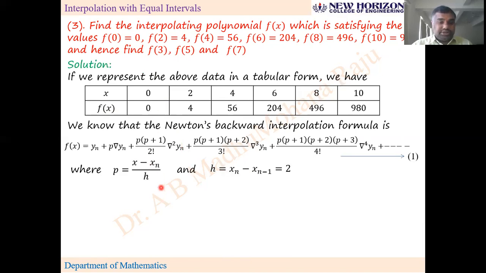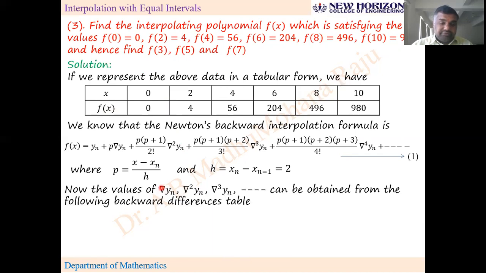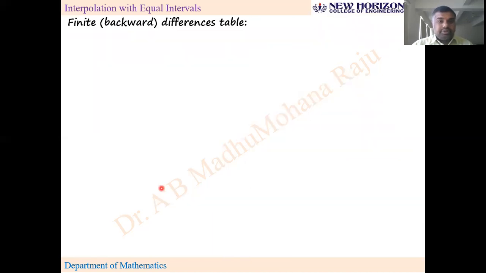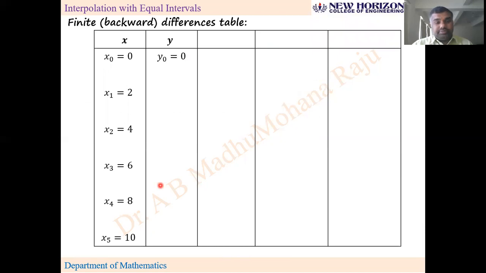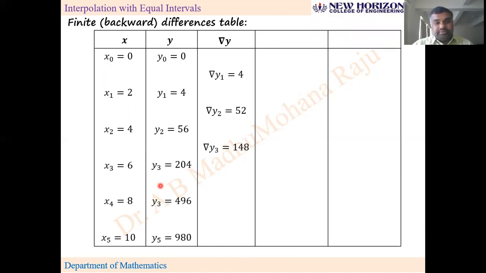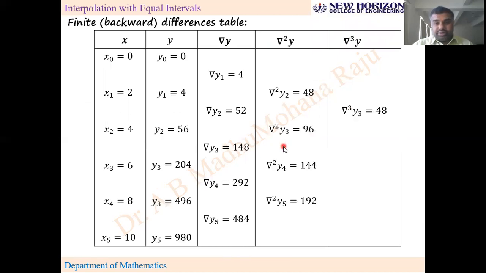Then we will construct the backward differences table: x column, y column, del y, del square y, del cube y. Please remember, when you are using the backward interpolation formula, down diagonal values are required. When you are using the forward interpolation formula, upper diagonal values are required.